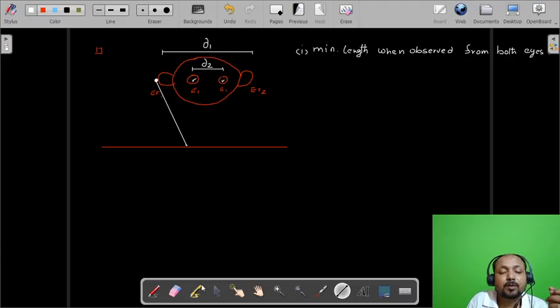Let us draw it correctly. From one end it is incident and then reflected to the eye. Again this should enter the other eye.